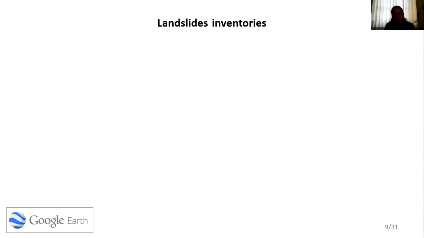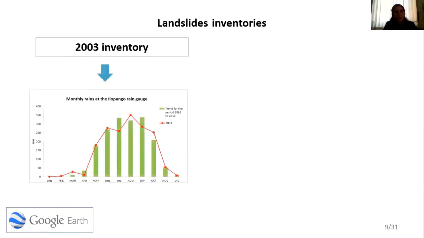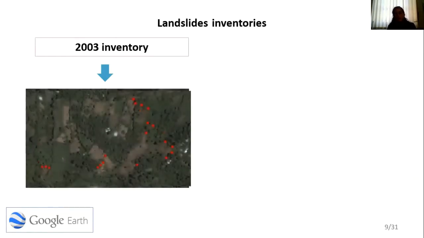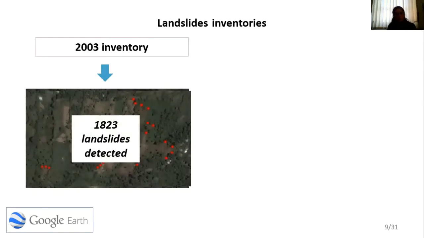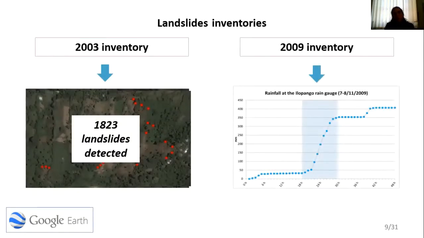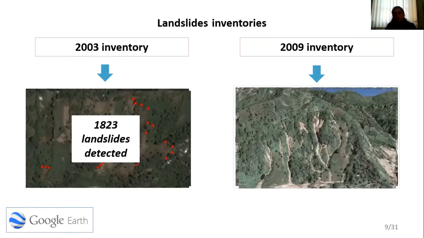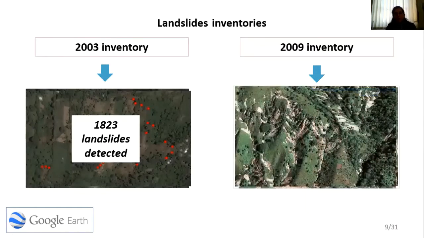Using Google Earth images, we prepared two debris flow inventories, a 2003 inventory, which is related to the normal rain season, with landslides diffused, especially along the very steep slopes, and the 2009 inventory, which is related to the extreme rain of Ida hurricane, whose triggered landslides are widely present throughout the area.